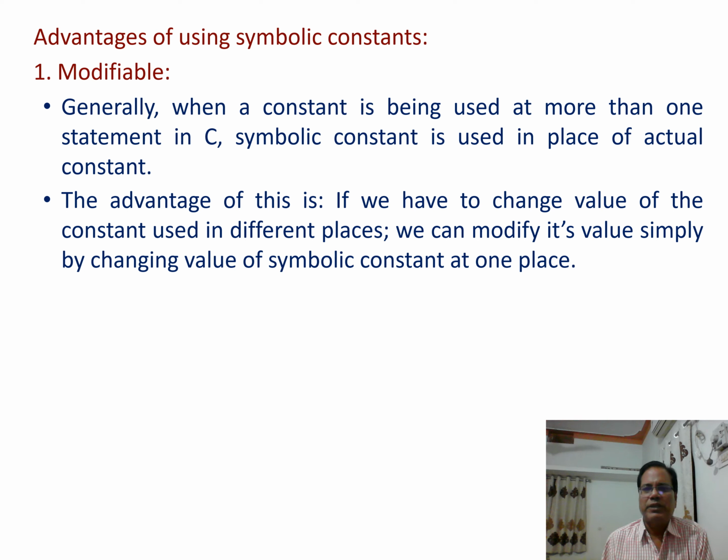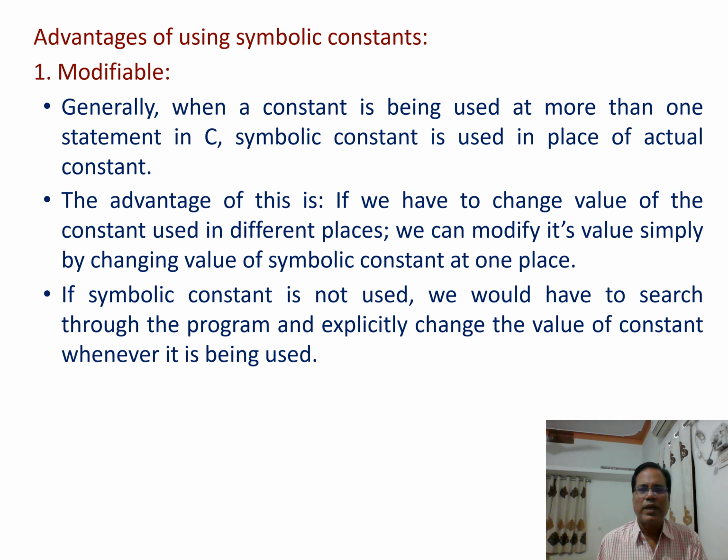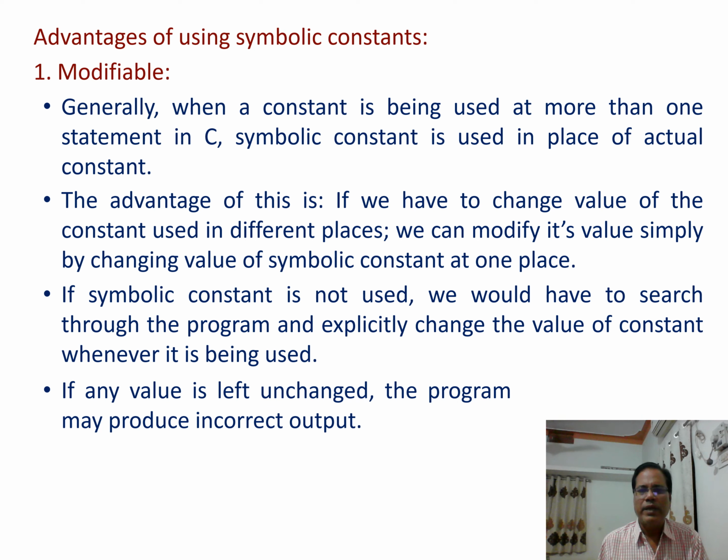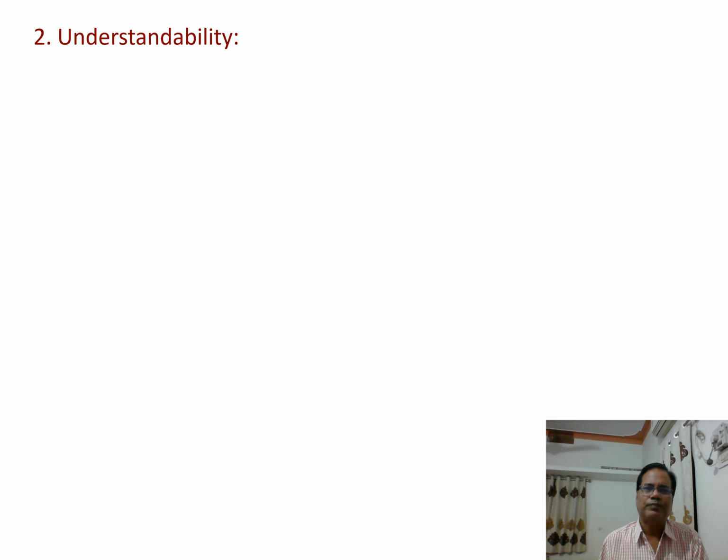The advantage is that if we have to change the value of a constant used in different places, we can modify it simply by changing the value of the symbolic constant at one place. If a symbolic constant is not used, we would have to search through the program and explicitly change the value of the constant wherever it is used. If any value is left unchanged, the program may produce incorrect output.